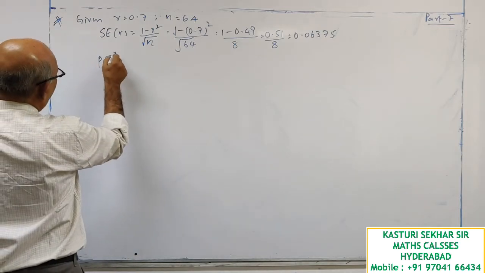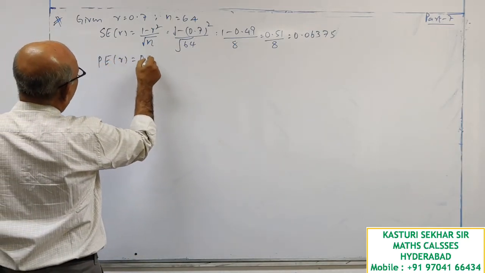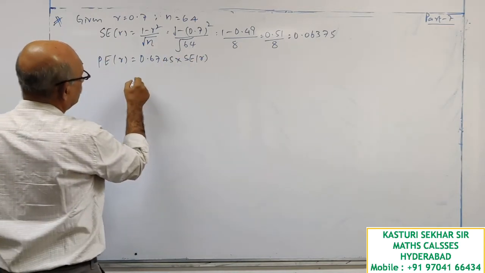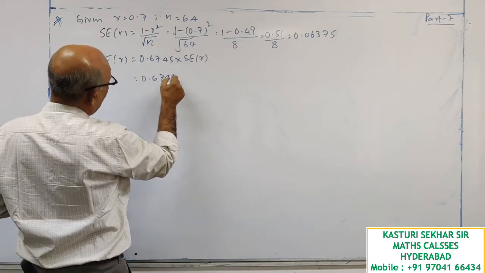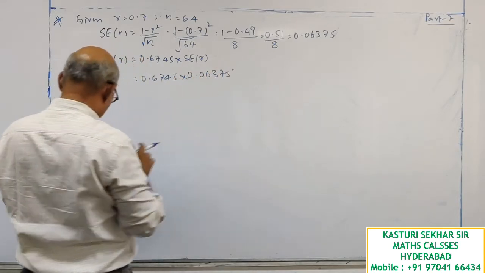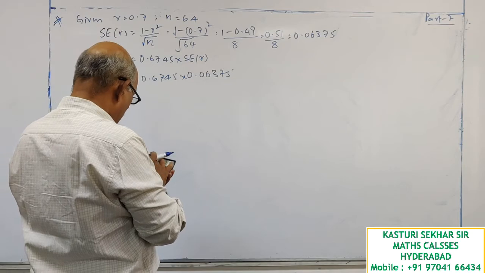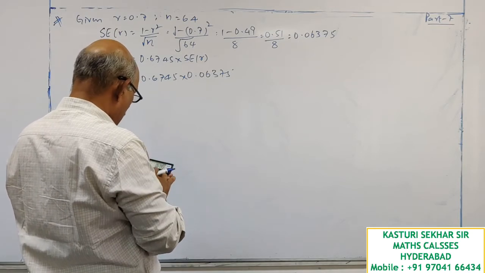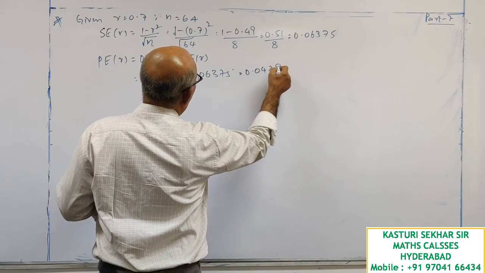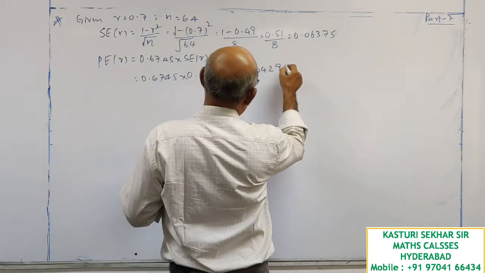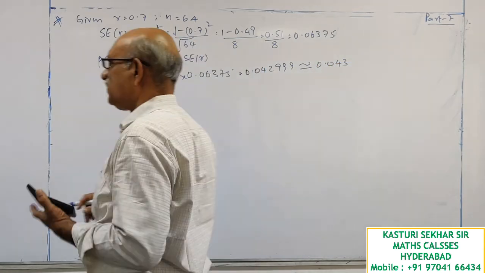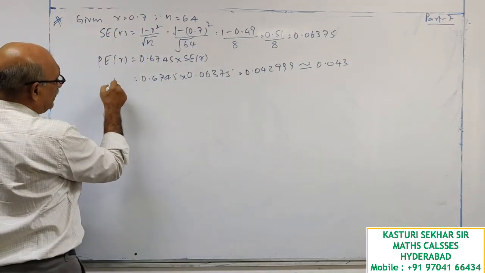So probable error of r is equal to 0.6745 into standard error of r, 0.6745 into 0.06375, which is 0.0429, approximated to 0.043. So this is the probable error value.